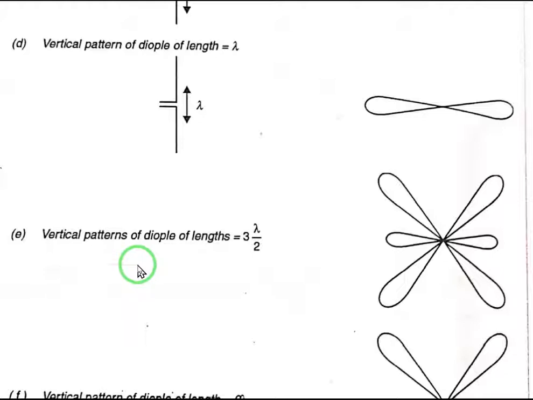The next is the vertical pattern of a dipole of length 3 lambda by 2. That means if we have a vertically polarized dipole of length 3 lambda by 2, then the radiation pattern of that dipole will be like this.